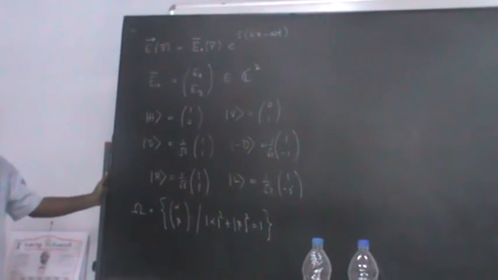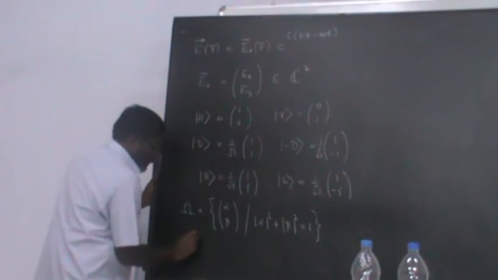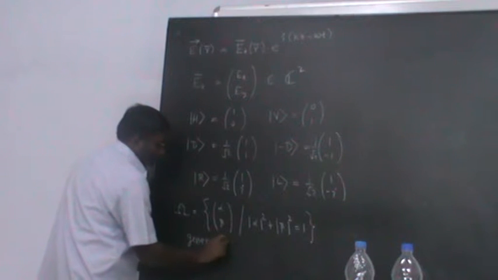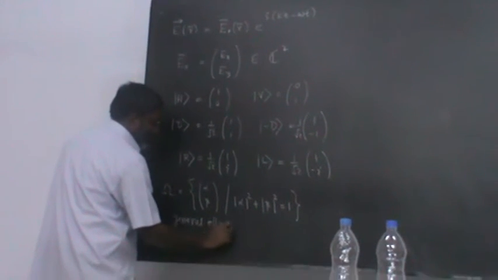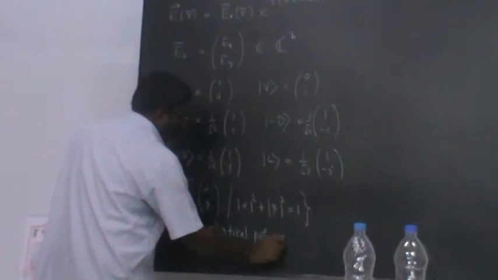Let me define this as a set omega. Alpha, beta such that alpha square plus beta square is equal to 1 is a general elliptical polarization state.